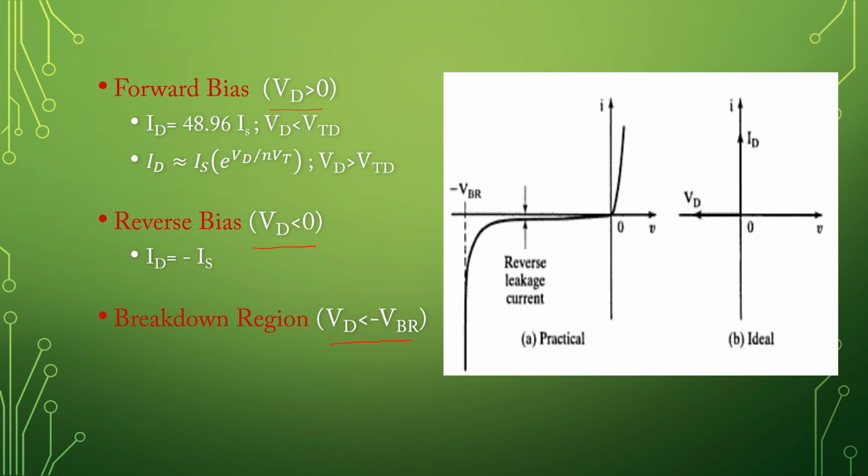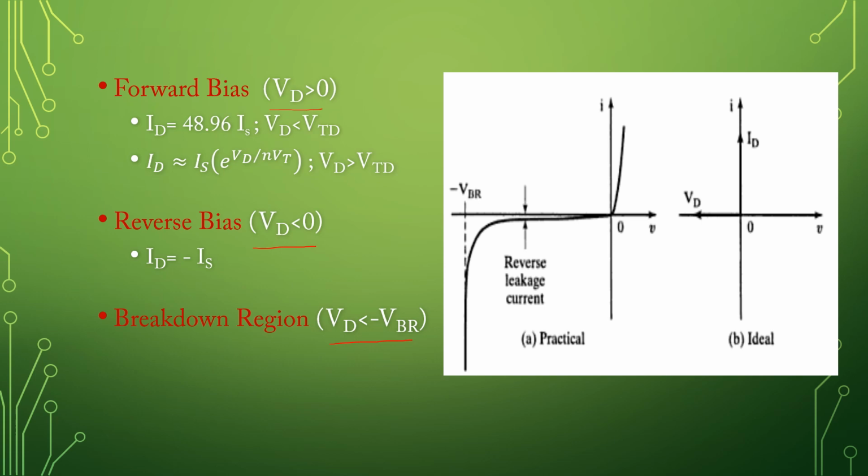Practically, the diode will not conduct at once when the voltage is just greater than 0. The voltage across the diode should be greater than or equal to the threshold voltage, or the cut-in voltage, for it to conduct. The typical value is 0.7 volt.